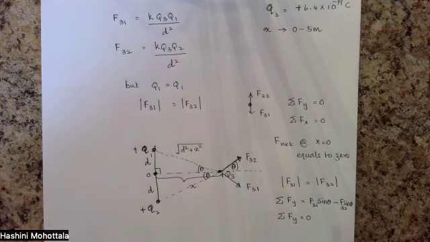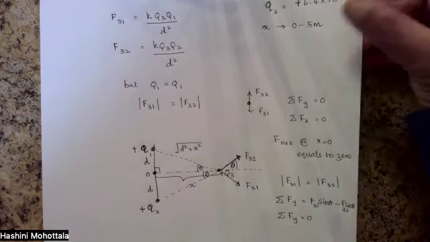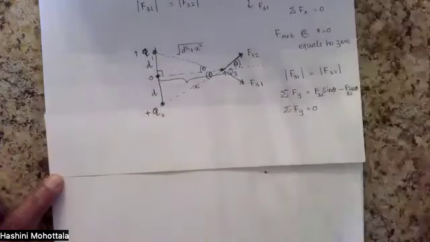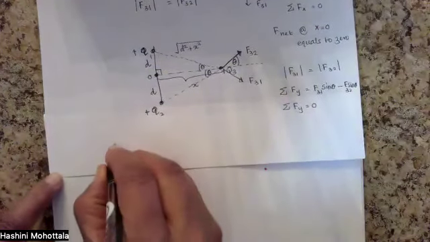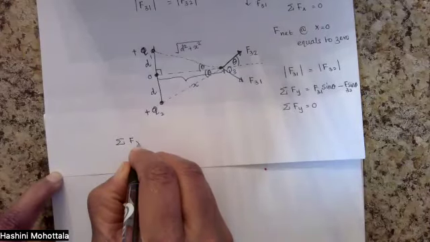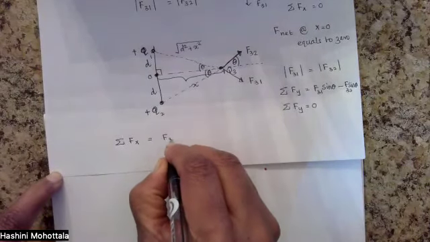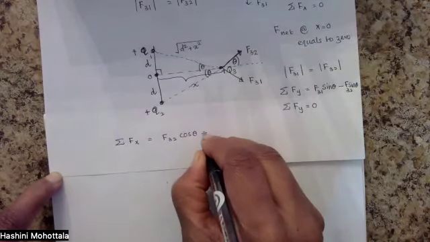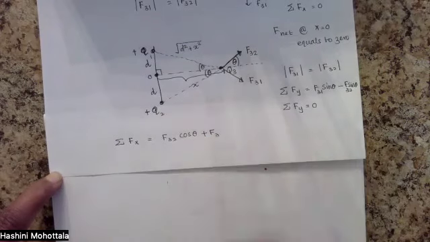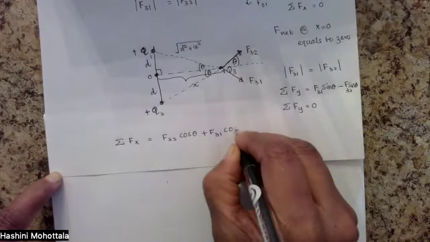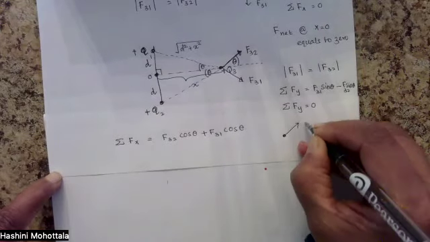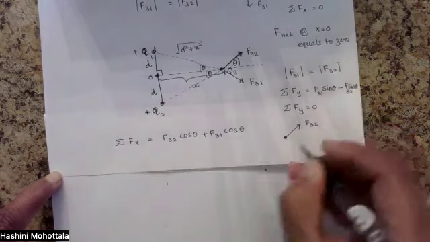Now the next thing is to find the net x component. Finding the x component is kind of tricky. Sum of Fx is going to be F32 cosine theta plus, since cosine is positive in the fourth quadrant, F31 cosine theta. The free body diagram, if someone wants to draw that separately, here's how it would look.